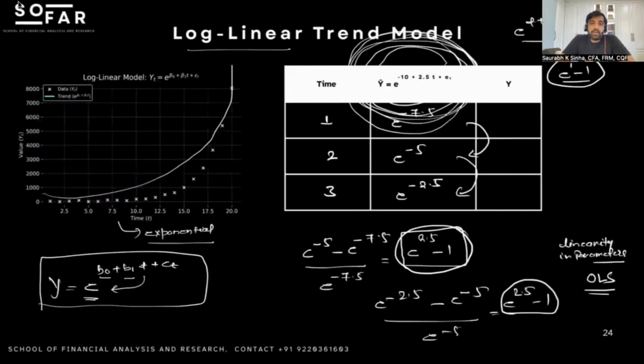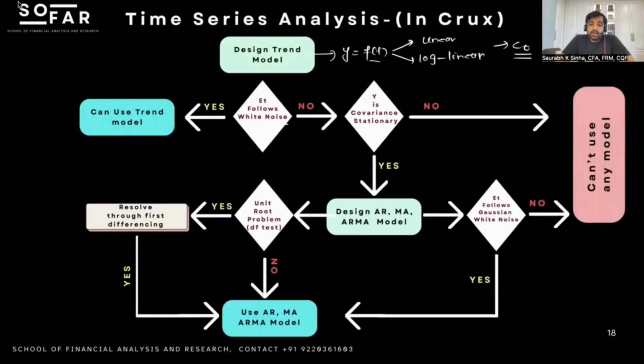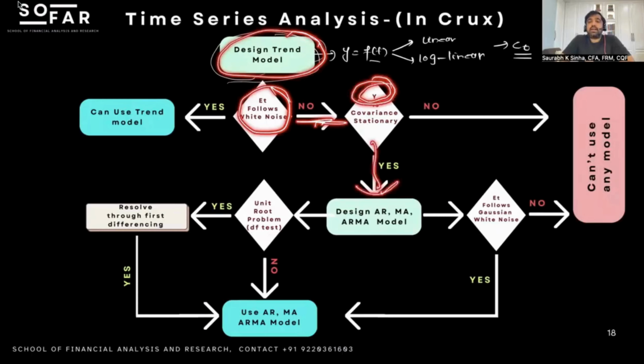I'm repeating the flow chart. You designed the trend model. Error term was not following the white noise process. You will test whether y is covariance stationary or not. If yes, you design the ARMA model.